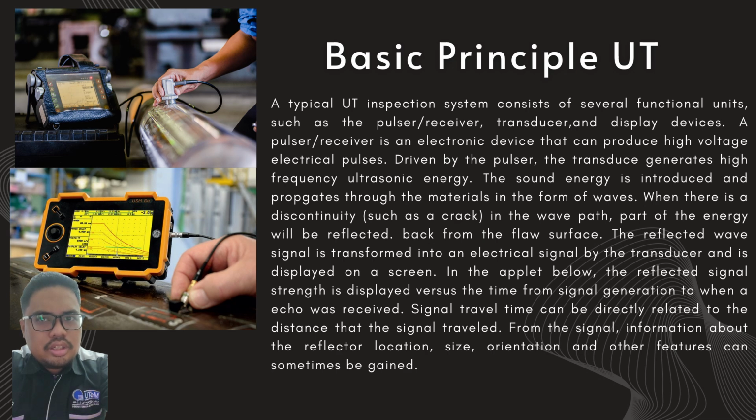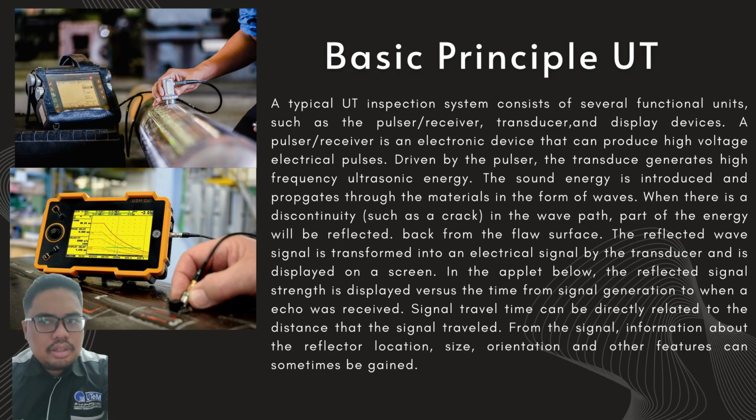The sound energy is introduced and propagated through the material in the form of waves. When there is a discontinuity in the wave path, part of the energy will be reflected. The reflected wave signal is transformed into an electrical signal by the transducer and is displayed on the screen.